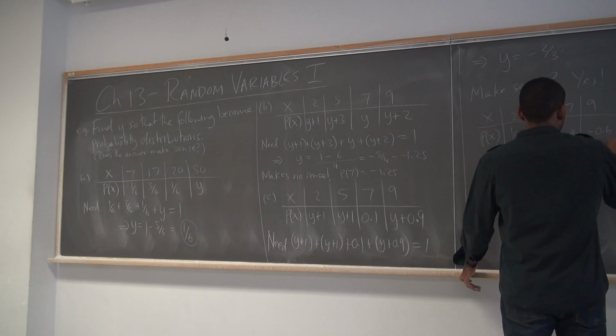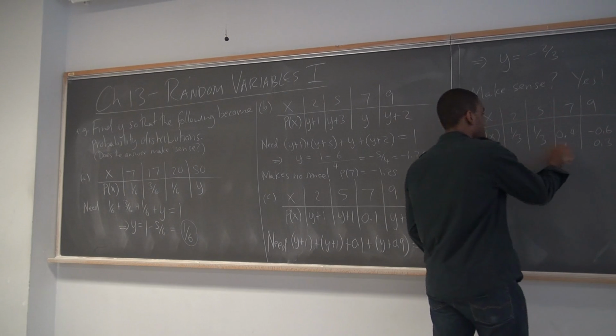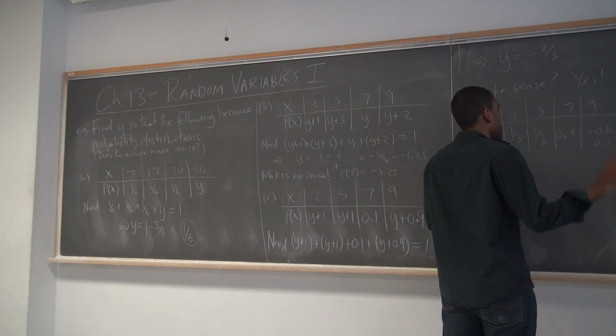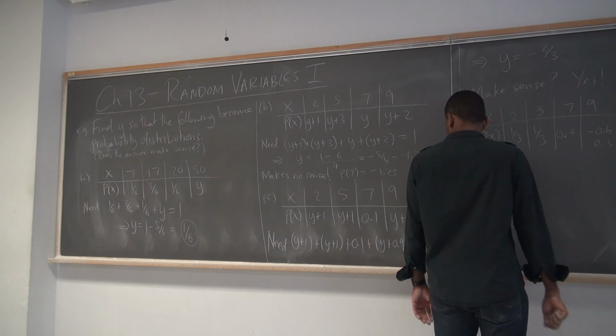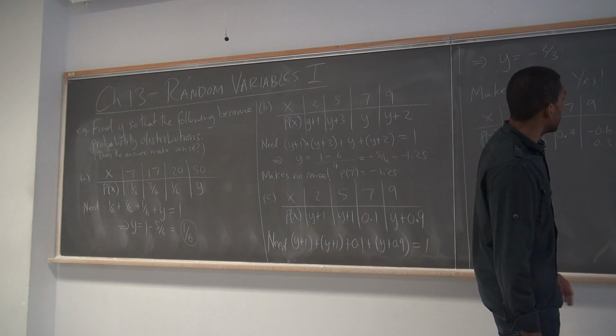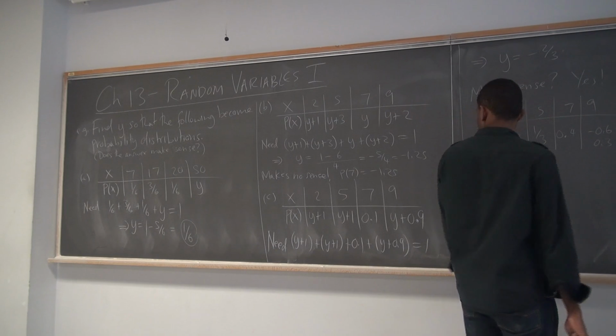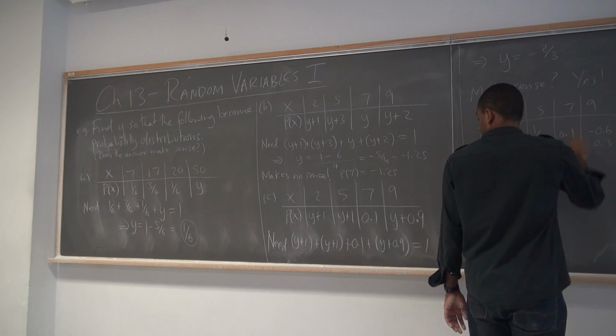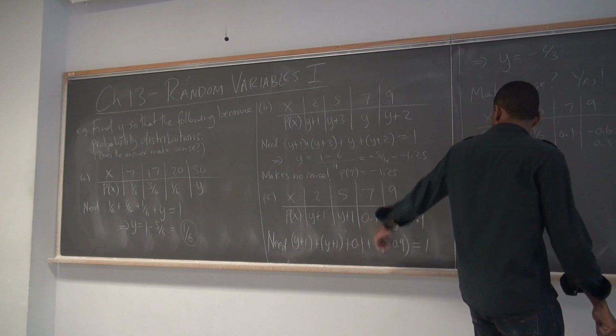So this would be roughly 0.3. So all the values here end up being positive. Isn't 7 just 0.1? It stays the same. 7, yes, it's 0.1. I was actually subtracting. There's no y in here.